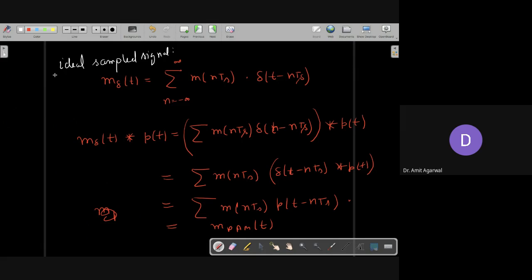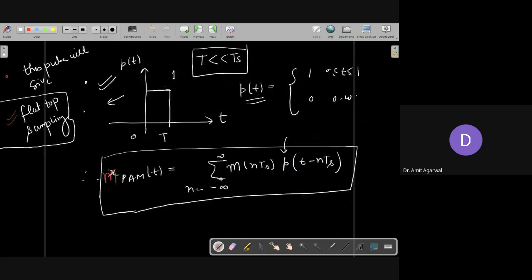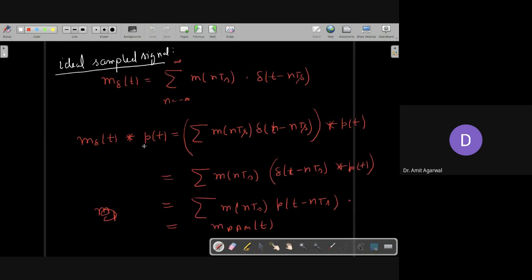The statement which I made: the PAM signal can also be seen as an ideal sample signal convolved with the LTI system with impulse response p(t). So if this is your ideal sample signal and you pass it through an LTI system with impulse response p(t), then it is nothing but m δ_Ts(t) convolved with p(t). You agree? Now you just put these values, convolved with p(t), and you see it is nothing but a PAM signal. So hence proved.